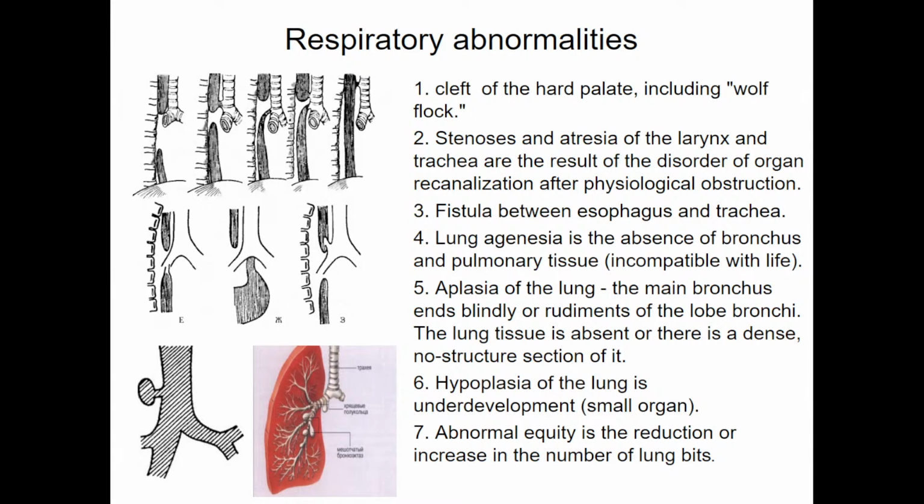The lung tissue is absent, with no structure of it. Hypoplasia of the lung is underdevelopment, a small organ. Abnormal number is the reduction or increase in the number of lung lobes.